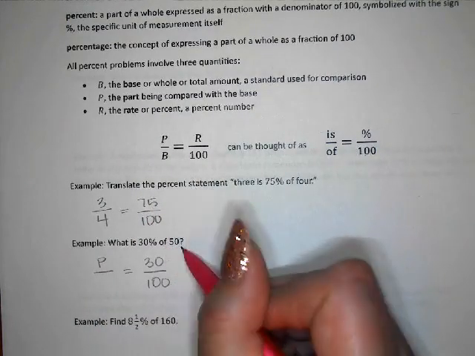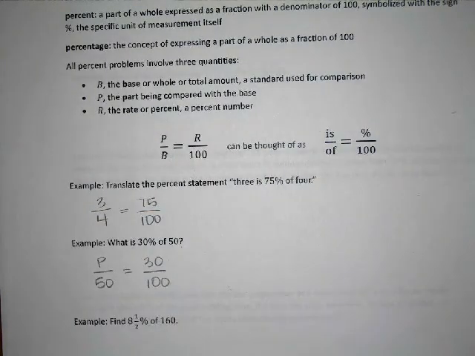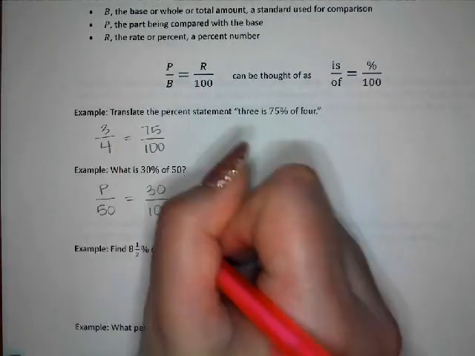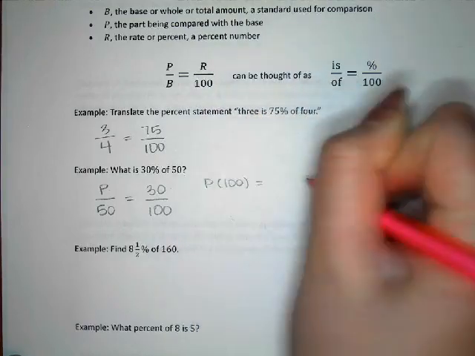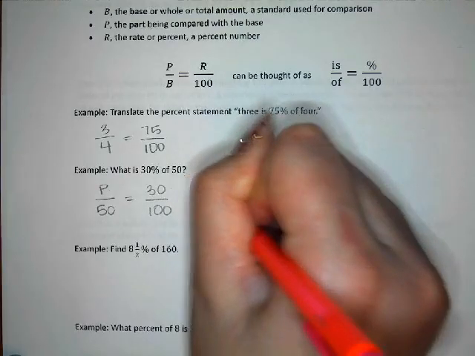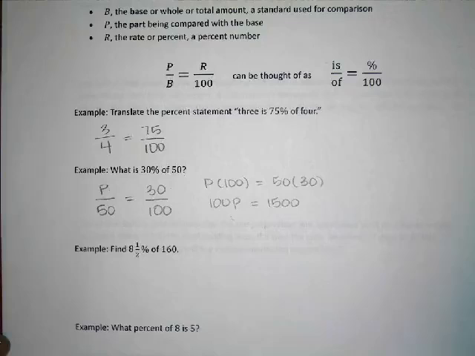And then of 50, the of is 50. Then we can go ahead and cross multiply. So I've got P times 100 equals 50 times 30. So 100P equals 1500.